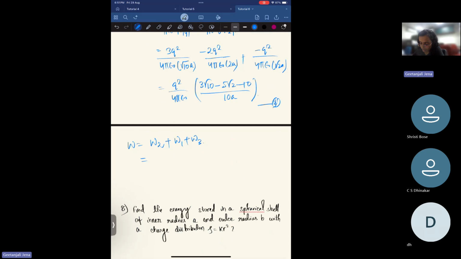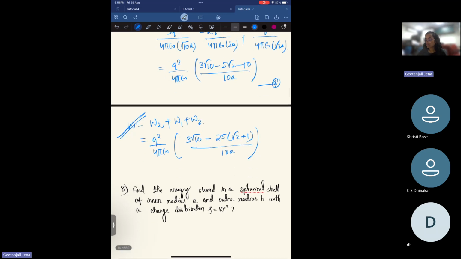If you add it up, this will give Q square by 4 pi epsilon naught times 3 root 10 minus 25 root 2 plus 1 by 10. Okay, so this is the process, the steps that you need to follow when you have a discrete charge distribution.